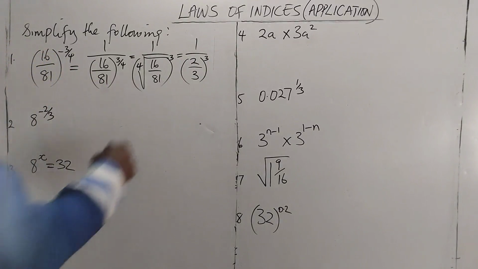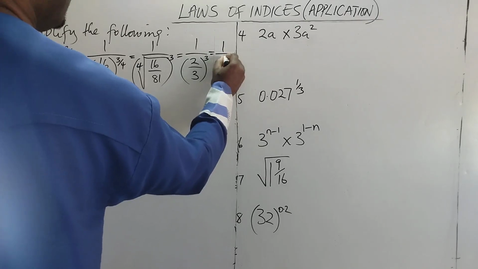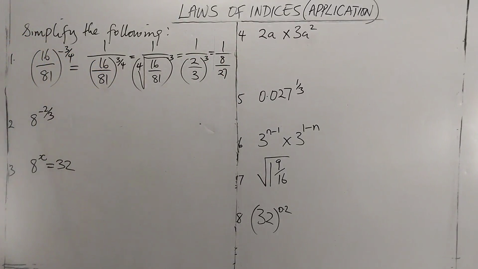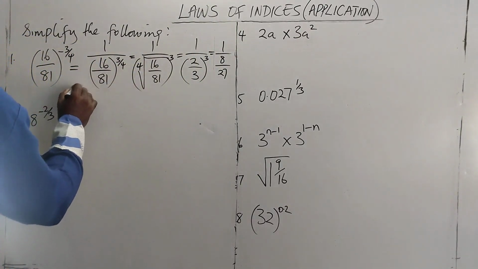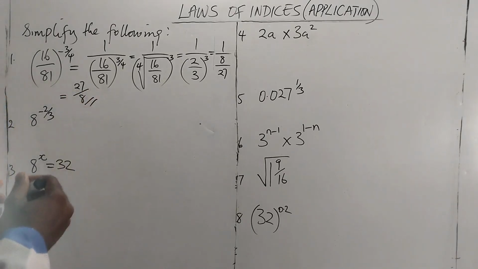Then, if you continue, that will give you 1 over 8 upon 27. 2 raised to power 3 will give you 8, while 3 raised to power 3 will give you 27. Then simplifying this will give us finally 27 over 8 as our final answer.